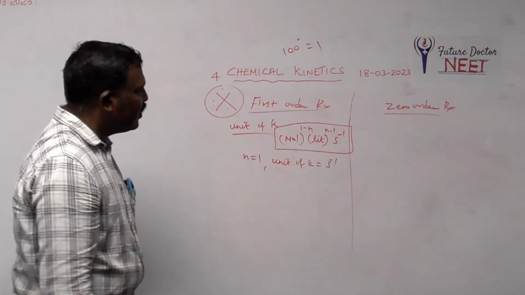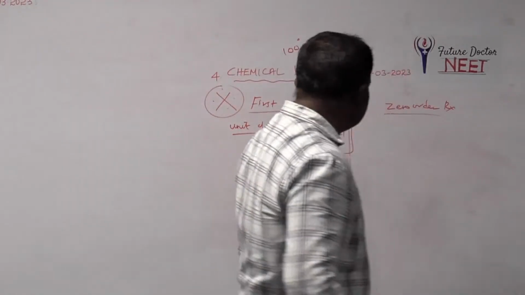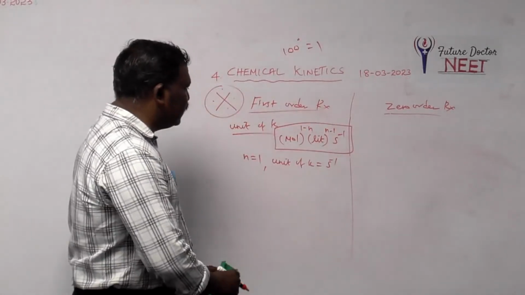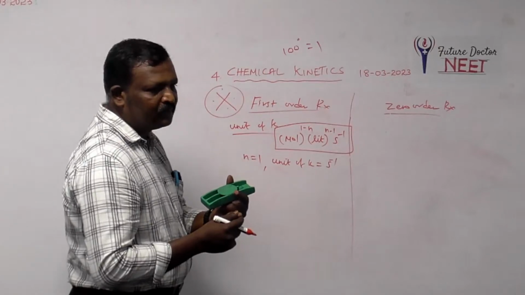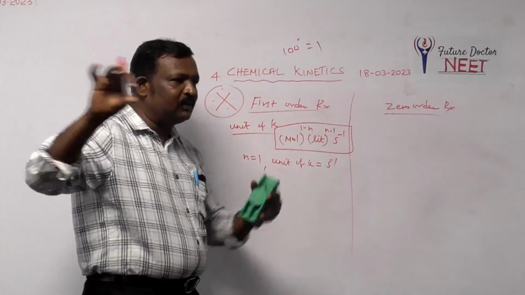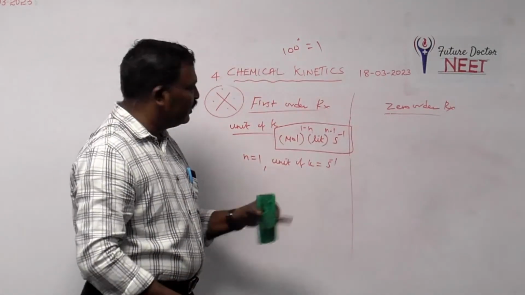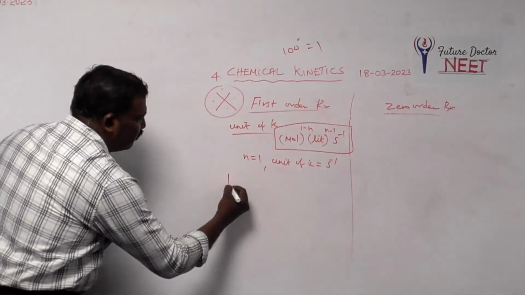Next one. Very important formula. Okay, so suppose, for example, how do we find out the order? X plus y, very good. Add the powers, no? Add the powers, we can find the order. From the unit also we can find out. Suppose, you write one problem.